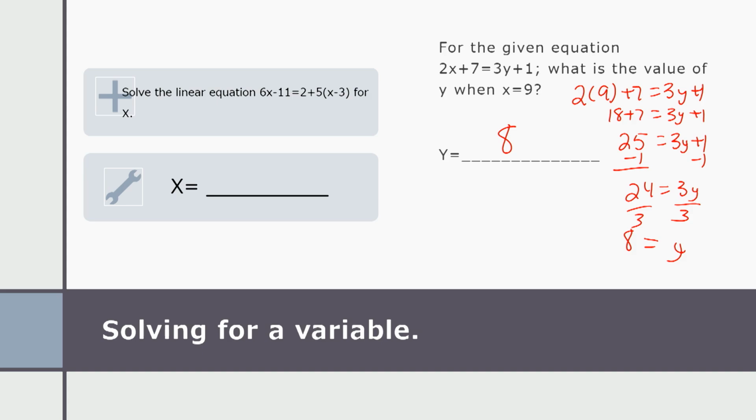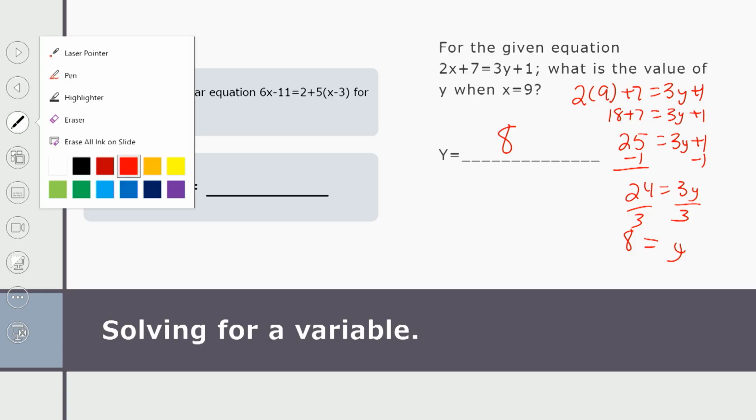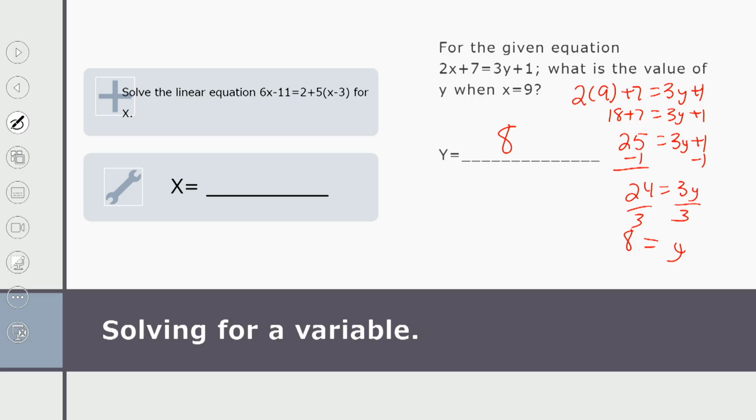Solve the linear equation 6x minus 11 equals 2 plus 5 times x minus 3 for x. So first thing I'm going to do is distribute. So let me get a different color since we have 2 on this slide. Let's go with green. Here we go. So I've got 6x minus 11 equals 2 plus, and I am distributing, 5x minus 15. We always want to get our like terms together.